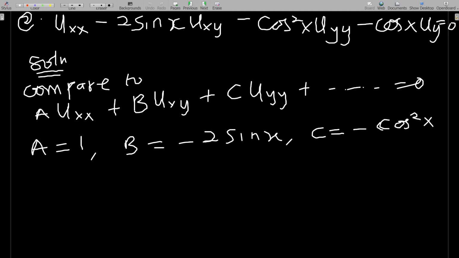The second one has u_xx minus 2 sin x u_xy minus cos squared x u_yy minus cos x u_y equals 0. Now with this particular one, if you compare it to the general equation, where the first three terms are the important ones, a u_xx plus b u_xy plus c u_yy, you realize that this is your a, which is 1, this is your b, which is minus 2 sin x, and this is our c, minus cos squared x.